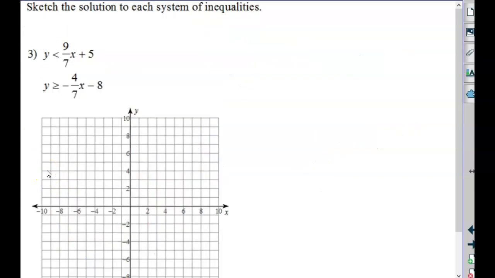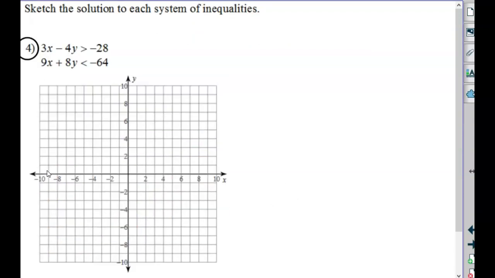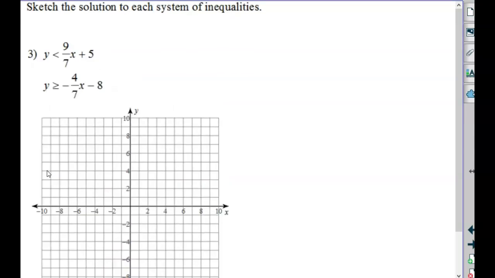All right, number 3 and 4 are inequality questions, okay? I'm not going to do 3, but just remind me, what do these top two symbols mean in terms of graphing a line? When it's less than or greater than, the line has to be dashed or dotted. Do you remember that? Okay. If it is an or equal to, then it is a solid line.